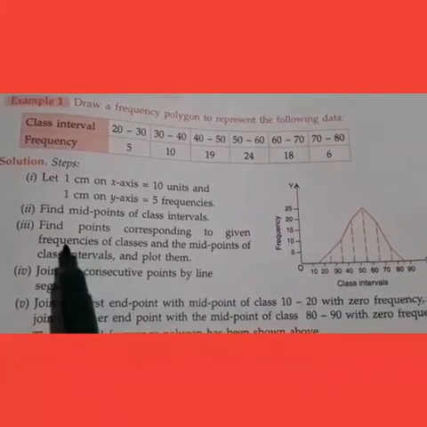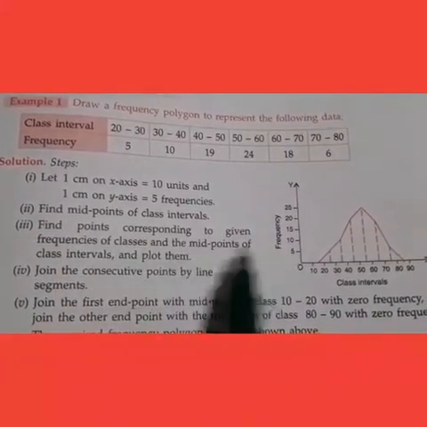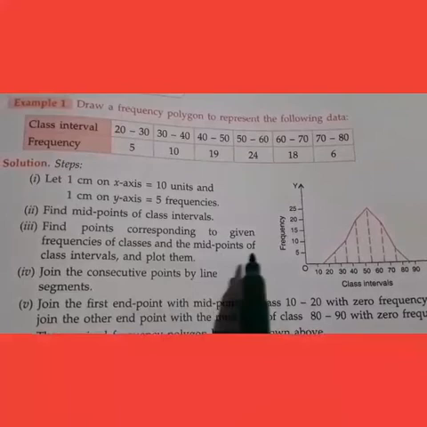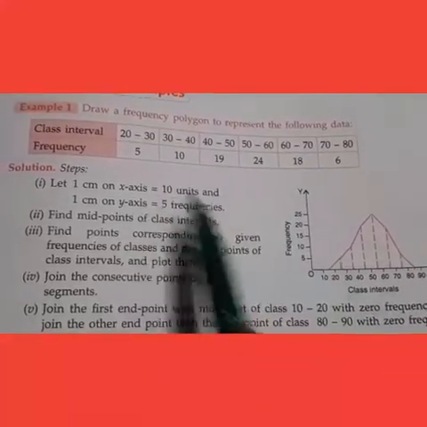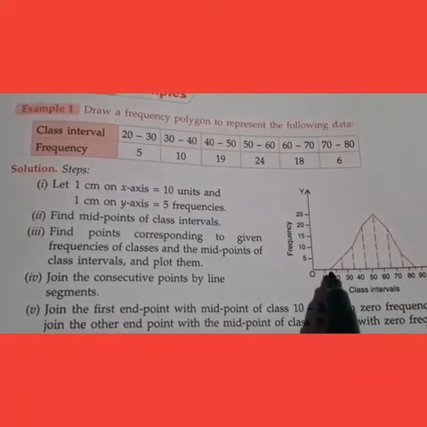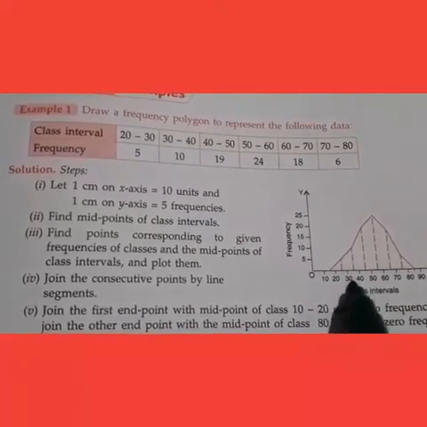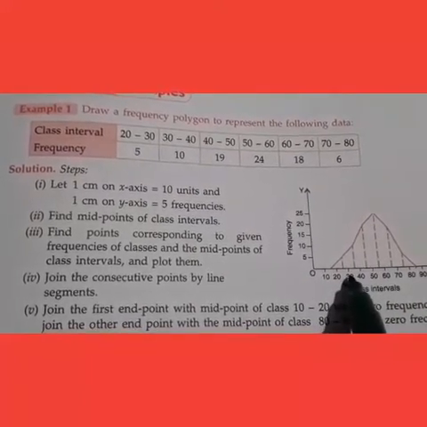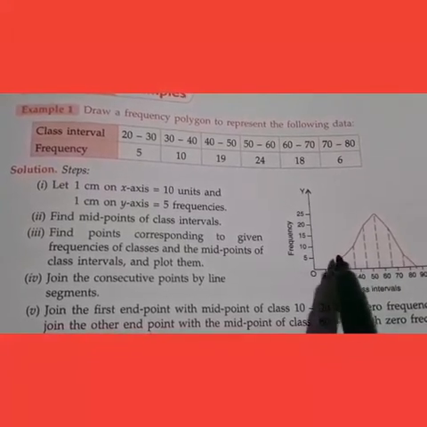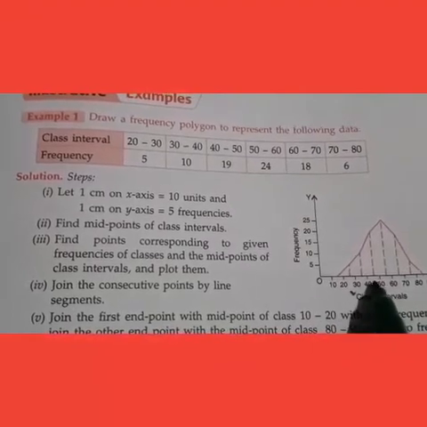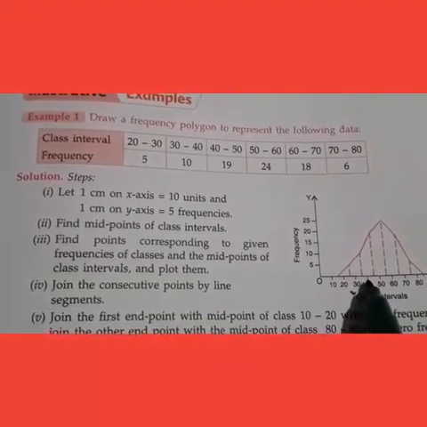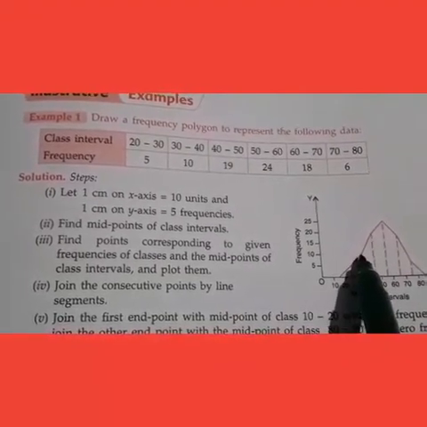So find the points corresponding to the given frequencies of classes and the midpoints of the class intervals, and plot them. For 20 to 30 the frequency is 5. Here we mark 30 to 40, the frequency is 10, so up to 10.